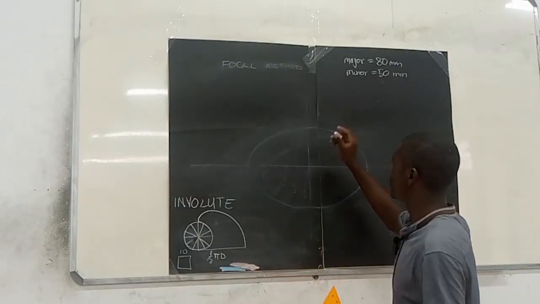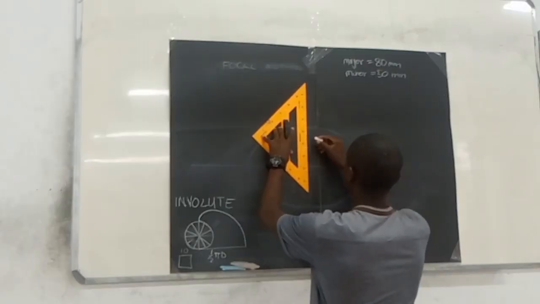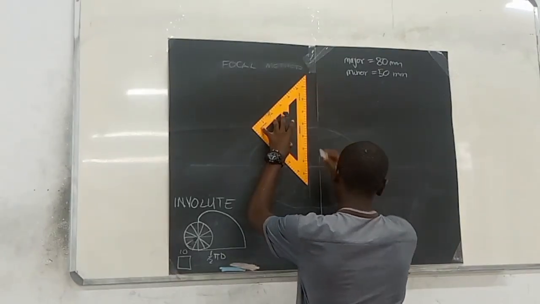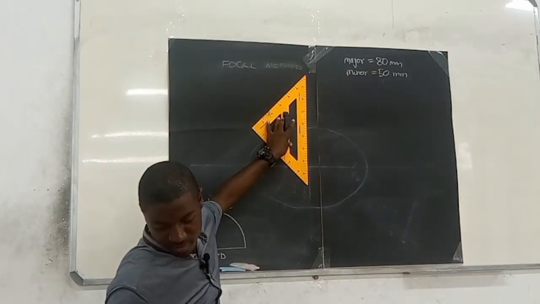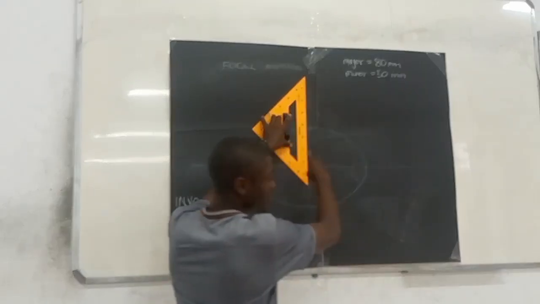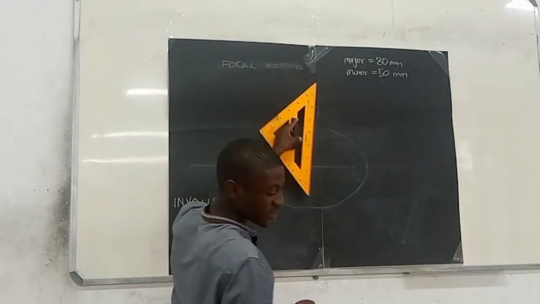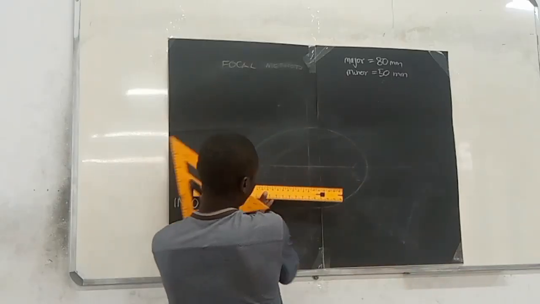I'll utilize the top part of this paper board. Let's say we are working, I'm drawing with reference to this line. So if you have a t-square, what you're doing essentially is that you have your t-square on the board.